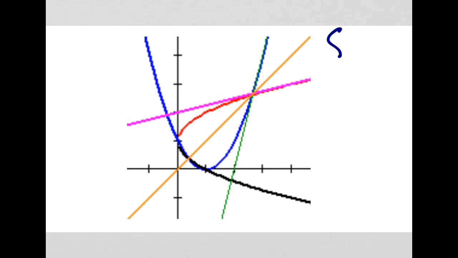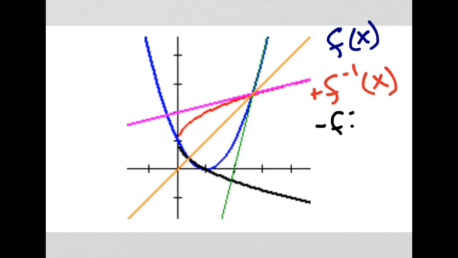And our blue function is the original f of x function. The red function is the inverse of x that we graphed. But here's the deal. Remember, if we took the square root, really you're taking the positive square root and the negative square root. So red is representing the principal square root, and then black is representing the negative square root. So both of those are right there.